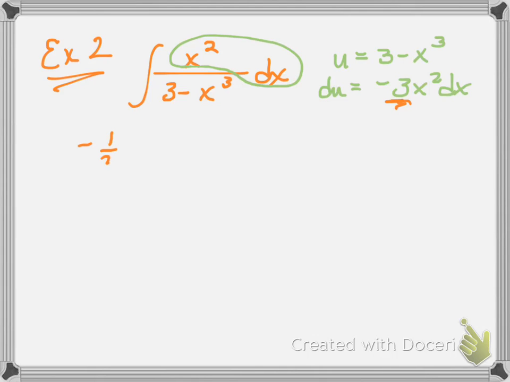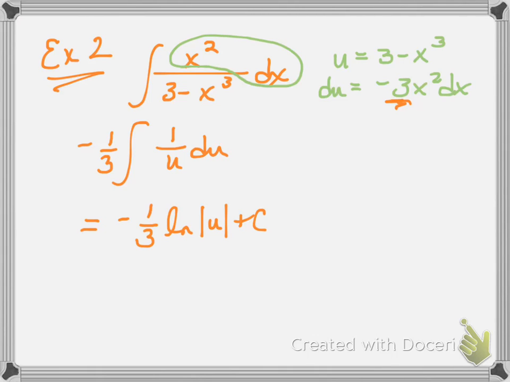We'll compensate for that as a constant outside the integral, and there we are, right back into the 1 over u format. That's your job, really, to try to get these into that 1 over u format so that you can integrate them rather easily: ln of the absolute value of u. That's always what we're looking for. So the final answer here is negative 1/3 ln the absolute value of 3 minus x cubed plus c.